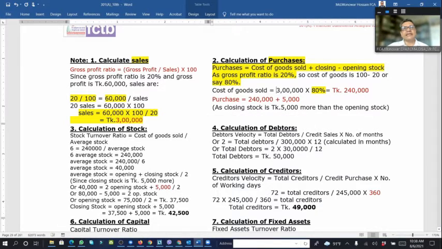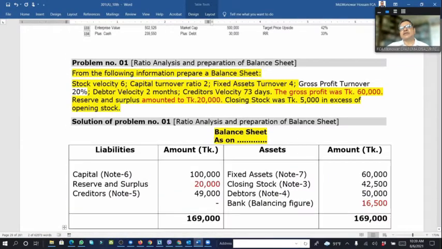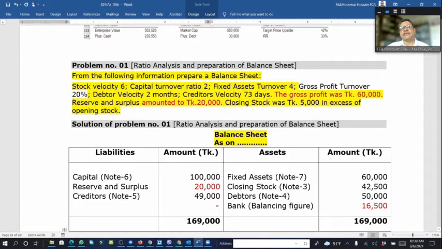What is 3 lakh? 3 lakh is the sale. So the sale amount multiplied by 80% comes to 2,40,000. And to this 2,40,000 we add 5,000. What is 5,000? As per the question, closing stock was 5,000 in excess of opening stock.